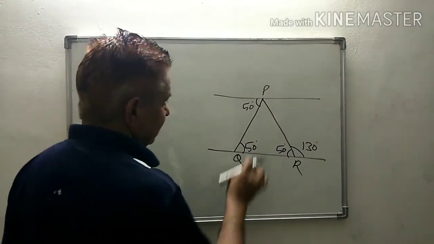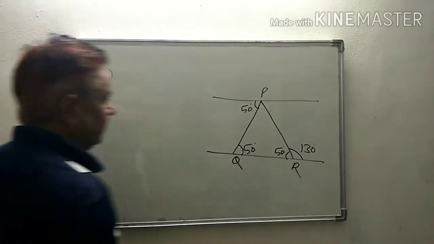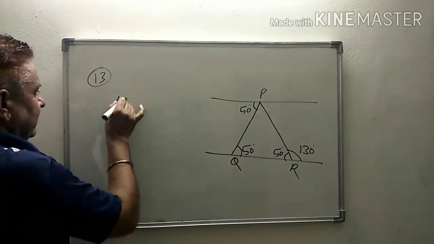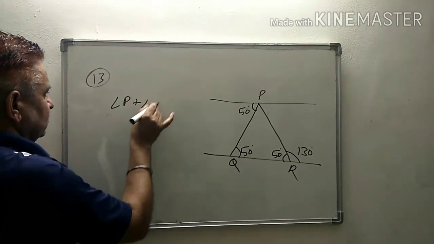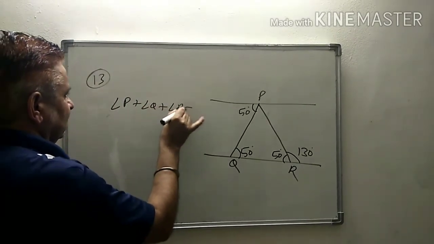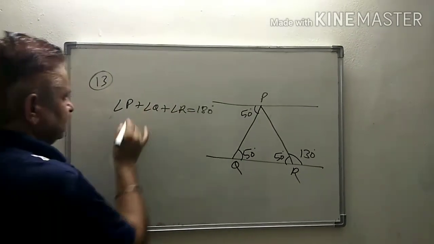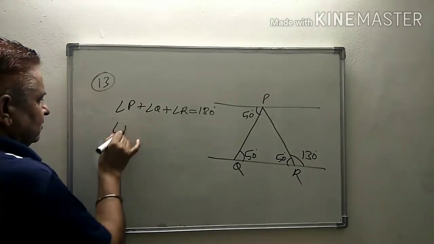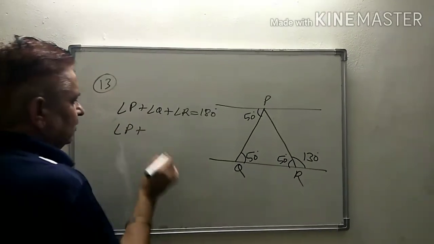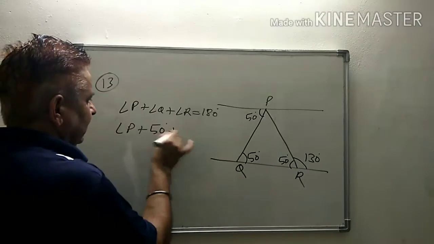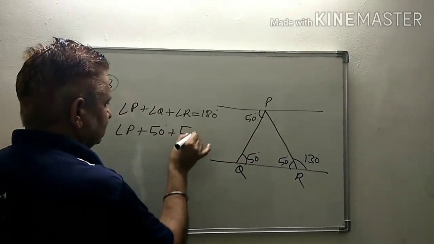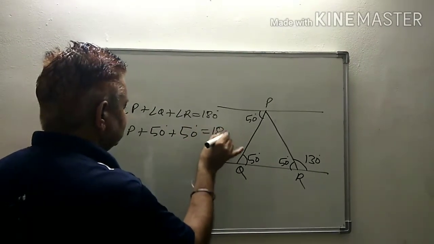And the sum of the three angles in a triangle is always 180. Angle P plus angle Q plus angle R equals 180. Angle P you have to find, angle Q is 50 and angle R is 50.